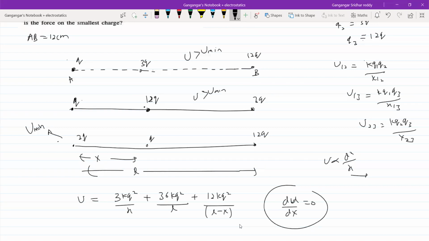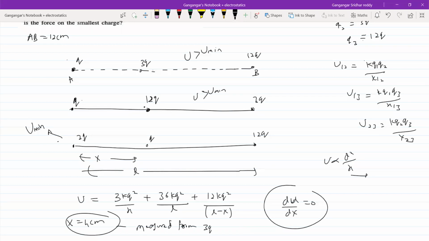What is the value of x? 4. X equals how much? 4 centimeters from 3q. Measure from 3q. So the potential is minimum when the distance between the charges of larger magnitude is more.